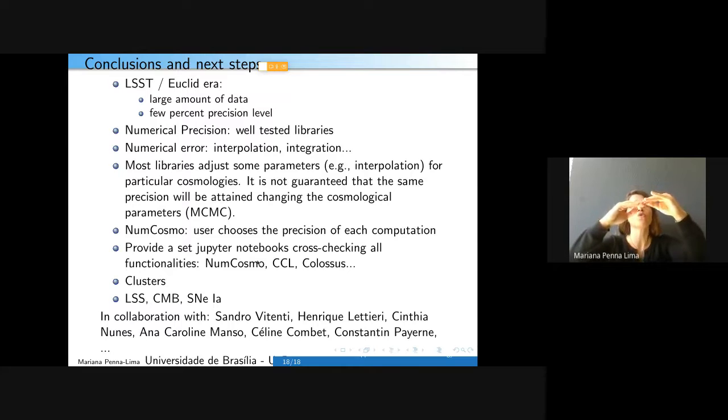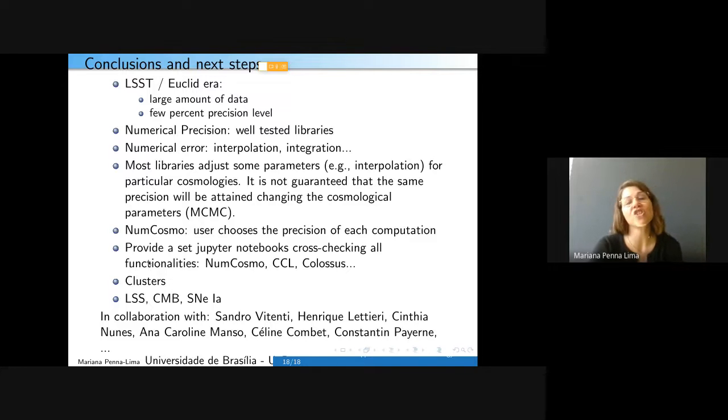And we are working to have all functionalities from both CCL and NumCosmo tested, cross-checked, verified, and public. All these tests and all these Jupyter notebooks are public, such that anyone can access them.